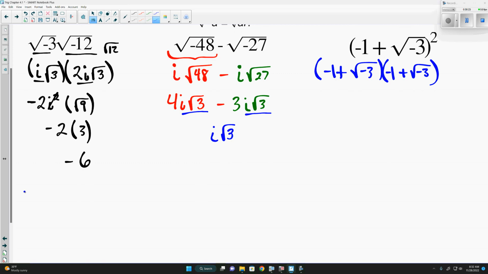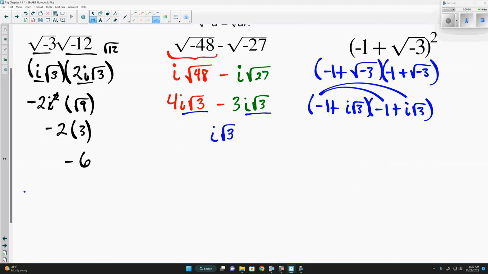I would actually simplify the square root of -3. Because really what we're saying is the negative is going to come out as i. So we have i square root of 3 times -1 plus i square root of 3. Because if I can simplify any part of it, and it's not that bad to simplify, not too many steps, not too much to keep track of, I'll go on and do that.